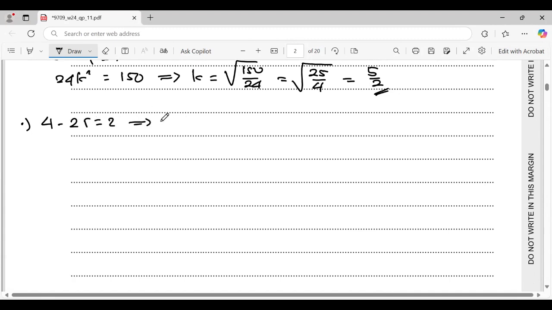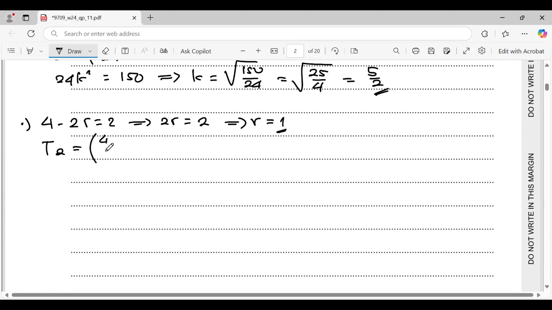So we can determine r: 2r equals 4 minus 2, equals 2. So r equals 1. Substitute r equals 1 into T(r+1). So it becomes T2, it means r equals 1.